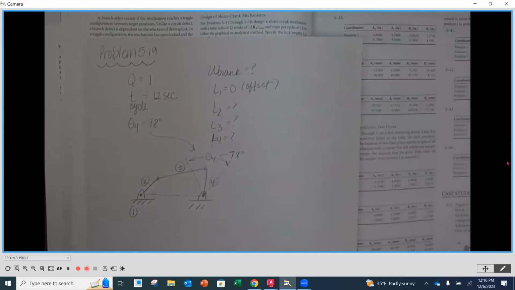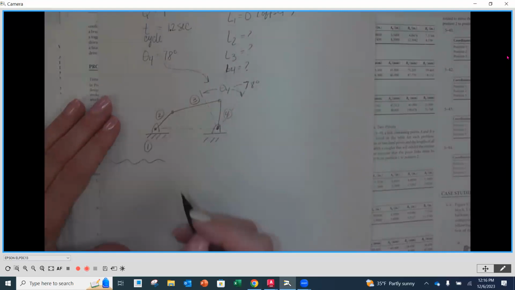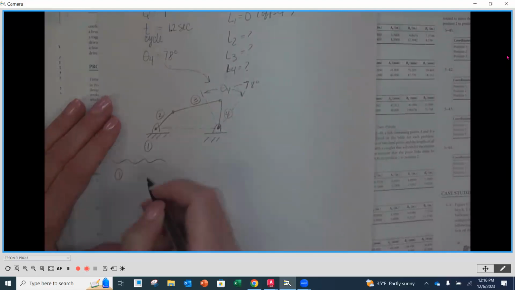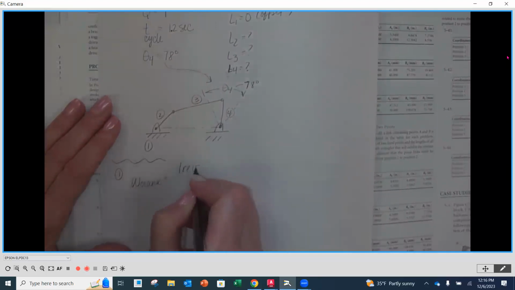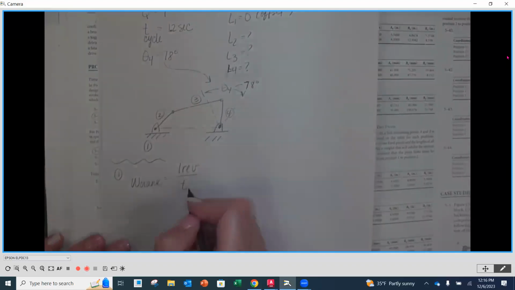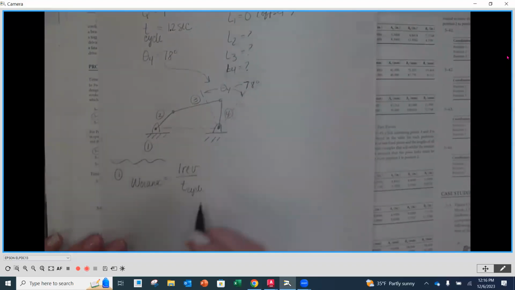Now, let's calculate our crank speed right away, because we have everything that we need to do that. To calculate the crank speed, just like we had for our other problems, this will be step number 1. W of our crank is going to be equal to 1 revolution divided by the total time to complete a cycle.